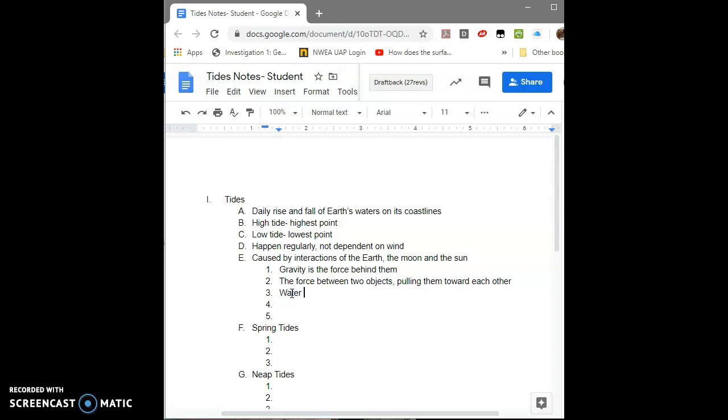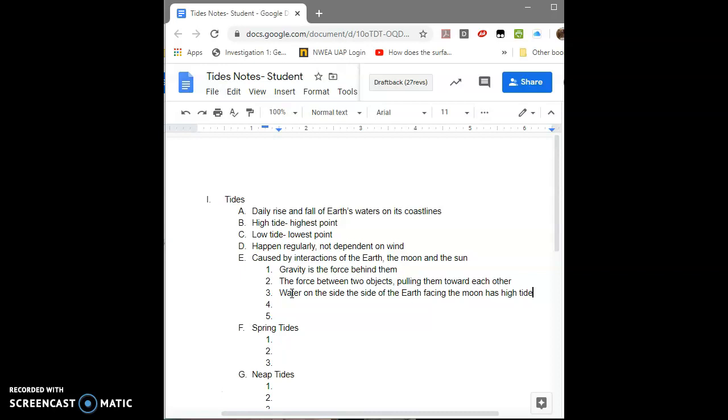So the water on the side of the Earth facing the moon has high tide. And the Earth is also pulled. And the water on the other side of the Earth is kind of like left behind and causes a bulge on the other side.